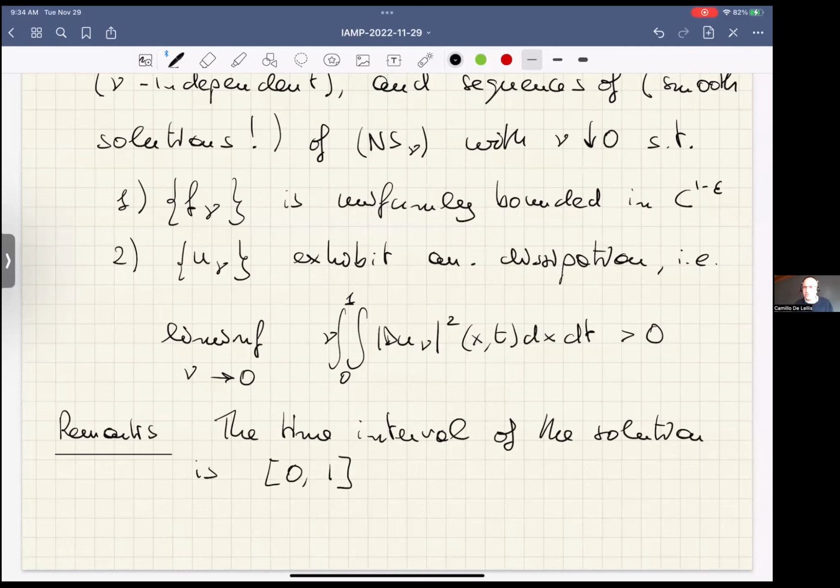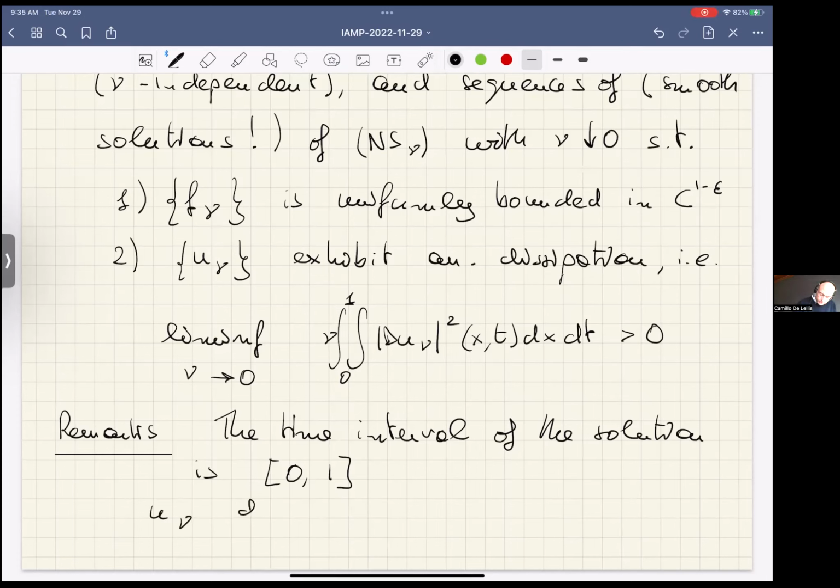So these solutions are actually converging to a solution of Euler, and this solution of Euler, of course, is also dissipating the kinetic energy, but we cannot quite actually relate the energy dissipated by the Navier-Stokes equation to the energy which is dissipated by this solution of Euler, which of course is going to be irregular, at least at time 1.